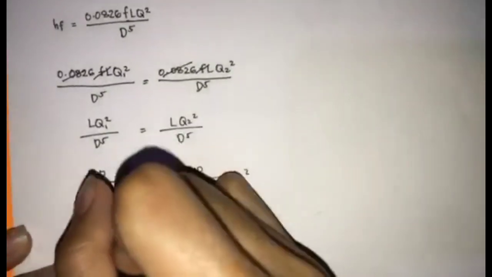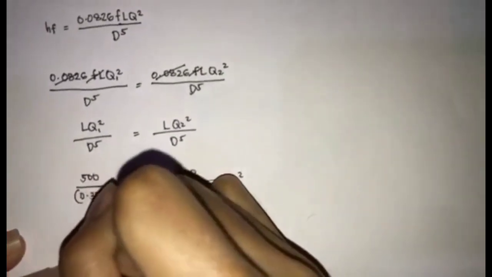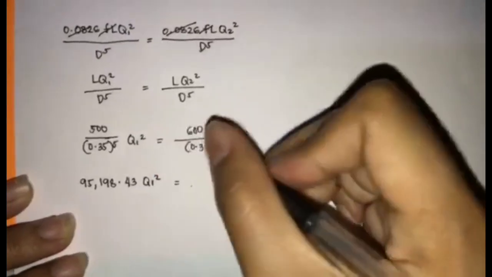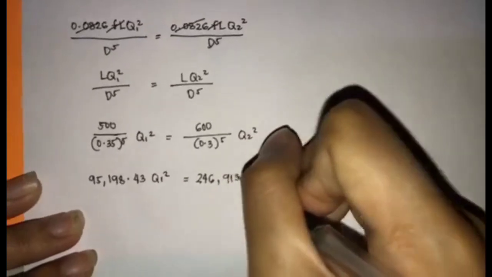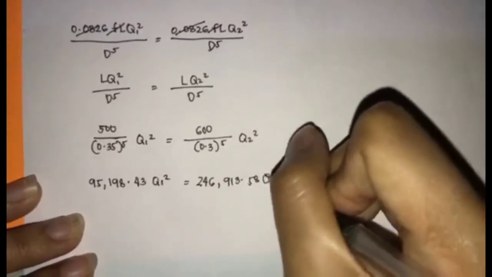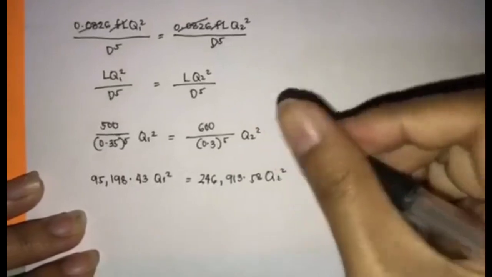So plug in the value in the calculator, we get 95,198.43 Q sub 1 square. On the other side, we have 246,913.58 Q sub 2 square.